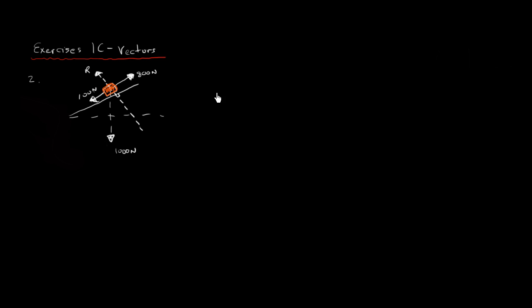In question 2, you're given an inclined plane like this, and they tell you that this angle here is 30 degrees, and you have a car O, which is this car here, moving up the plane that way, and you're told that the weight of the car is 1000 newtons, and the frictional force down the plane is 100 newtons, and the force on the car due to the engine up the plane is 800 newtons.